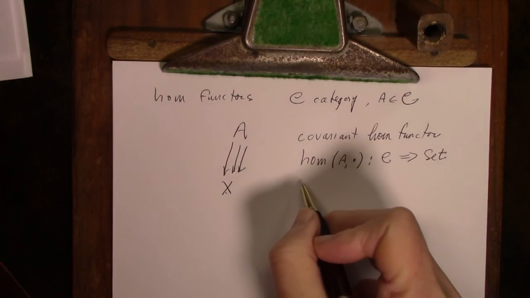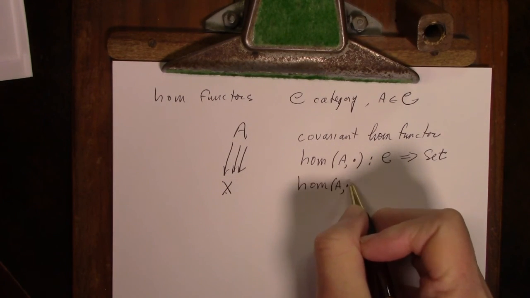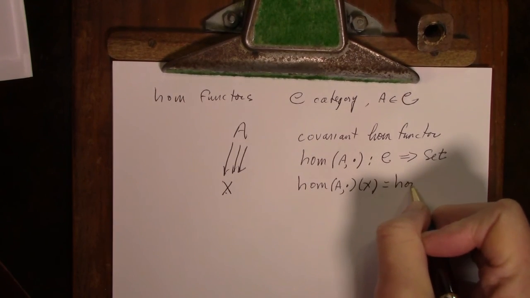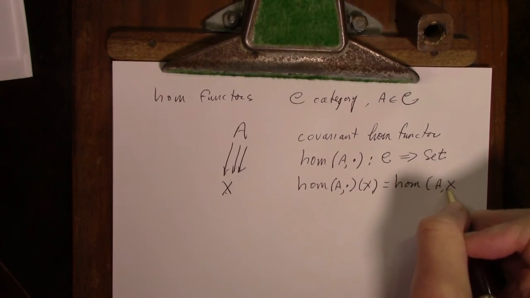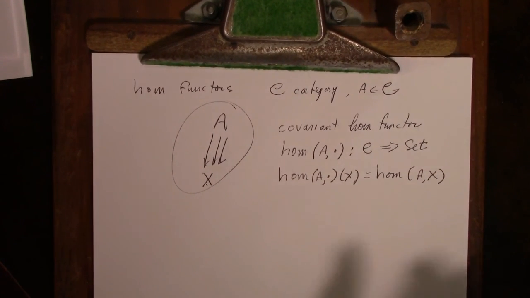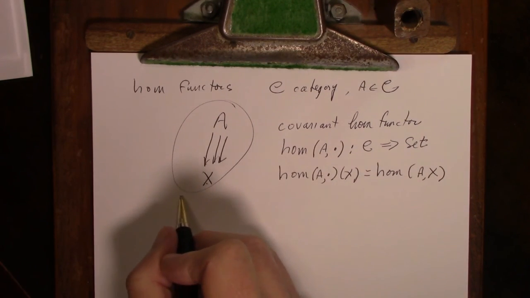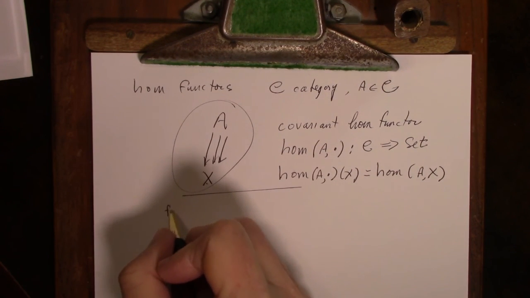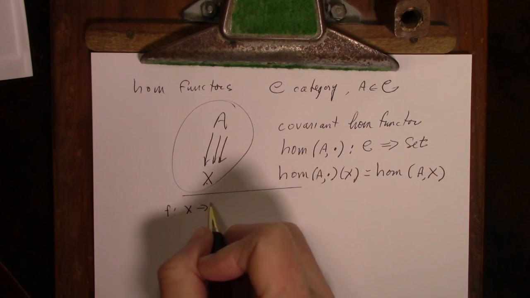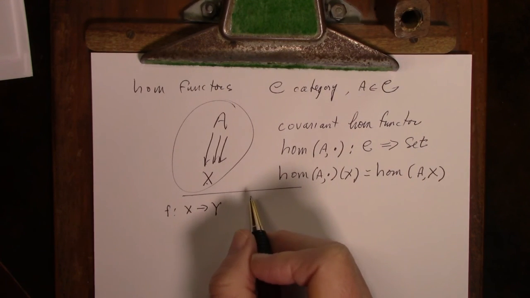So what does it do to an object? Hom(A, ·) of X. You probably guessed it. It's Hom(A, X). It's this guy here. Okay. Objects go to Hom sets. How about a morphism? A morphism F from X to Y goes to the follow by F map.